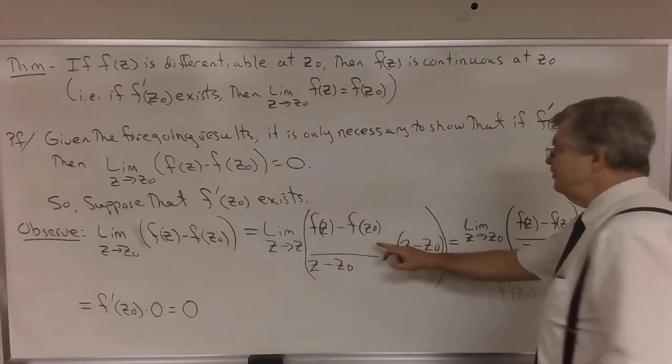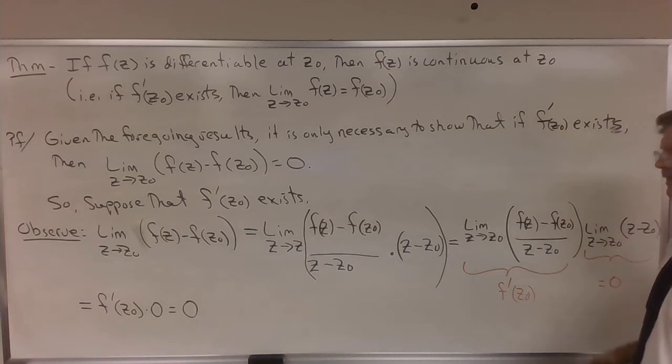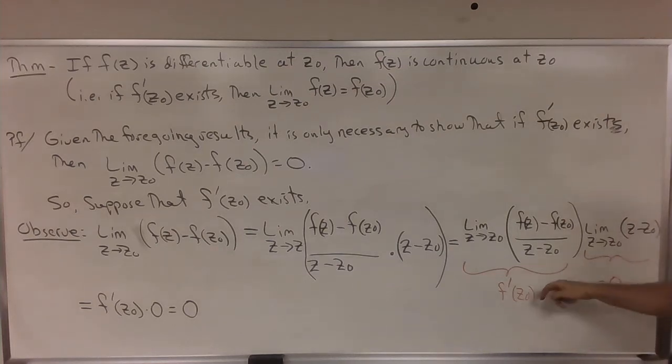We took this thing and we said, yeah, this is the derivative f prime. And so we have f prime times 0, that's 0. But why is it such a big thing that f is differentiable?